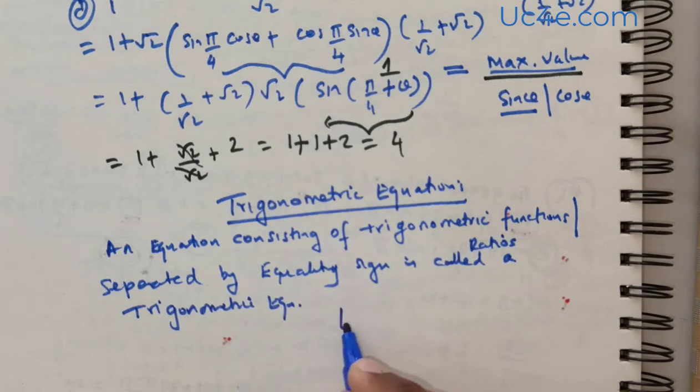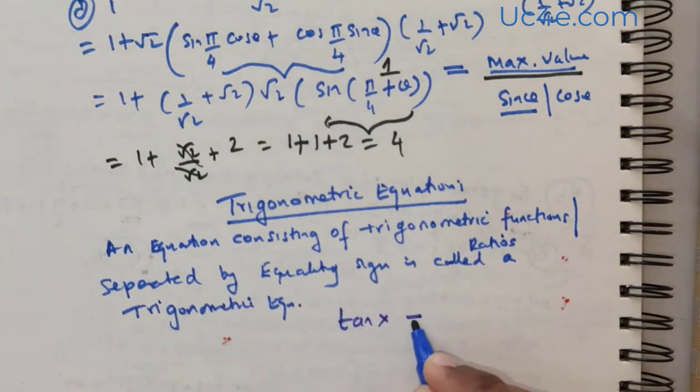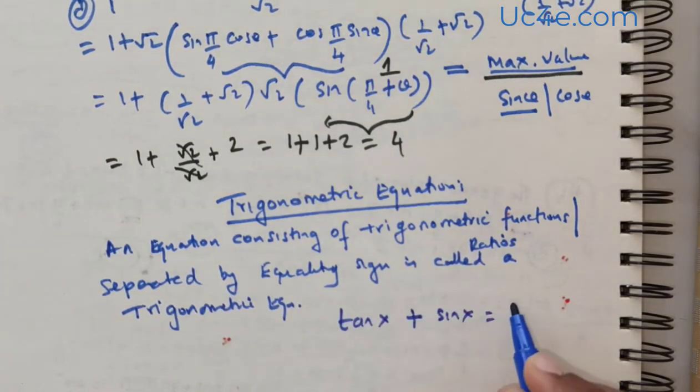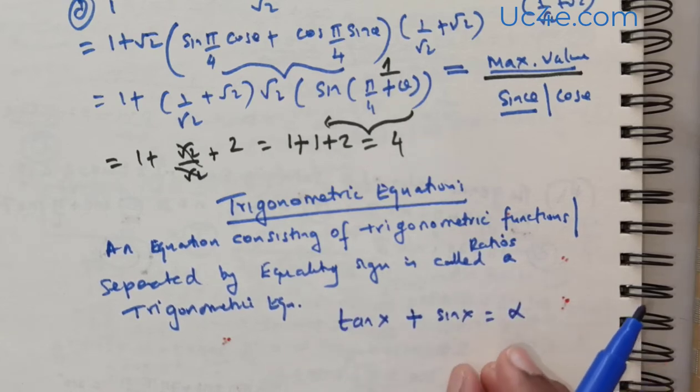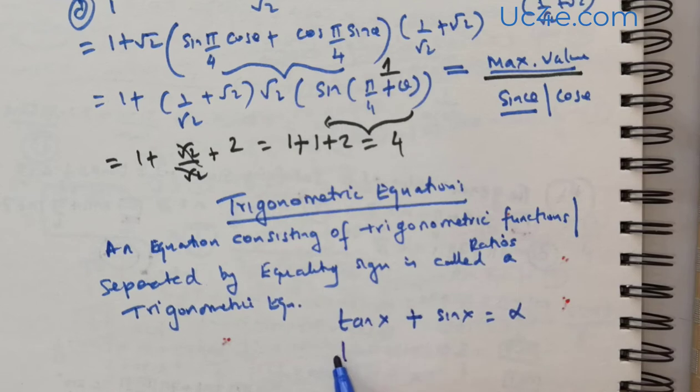Example, we can have something like this: tan x plus sin x is equal to some alpha. I'm not specifying the value. Anything, it can be tan x, it can be cot squared x, or cot squared alpha minus sine squared alpha is equal to, say, some value a over b, something of this fashion.